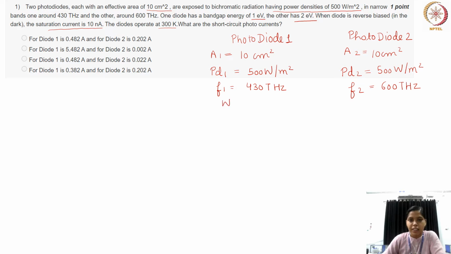Let's say we represent it by WG1, which is the band gap of the first photodiode, 1 electron volt, and for the second photodiode it is 2 electron volt. Then they have also given that under the reverse bias condition, the saturation current, that is I naught, is 10 nanoampere and the operating temperature is 300 Kelvin.